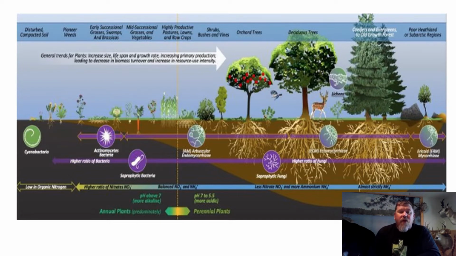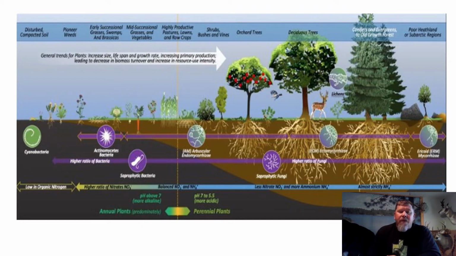After that, our next step gets into our row crops, which when we think of our grains and beans, and highly productive pastures would be our clover blends. So now we're into that 1-to-1 ratio.